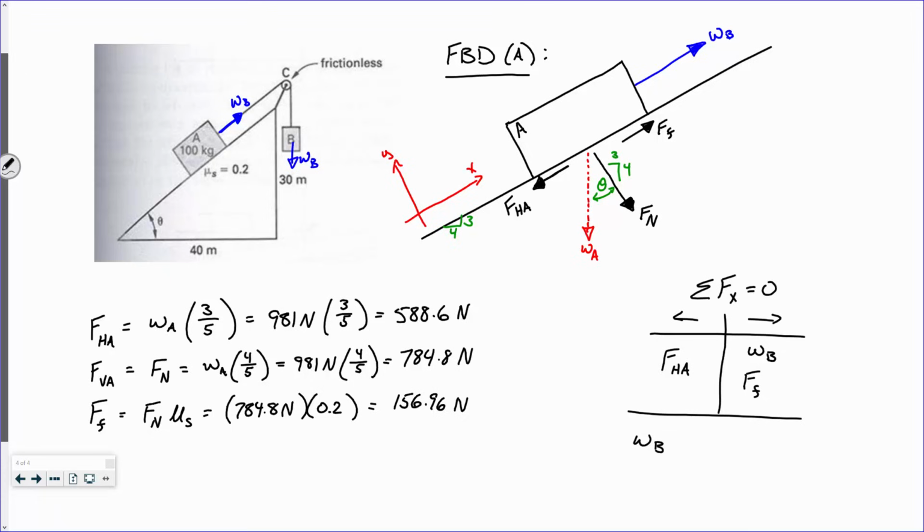So W sub B equals F sub HA minus F sub F, which is, what do I have? 588.6 minus 156.96.